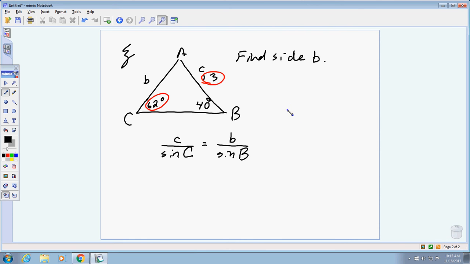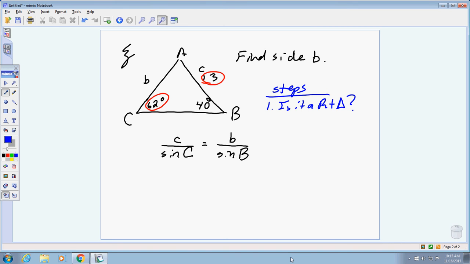So, should we do some steps? Here we go. Steps. 1. Is it a right triangle or not? If so, go and do your right trig stuff.